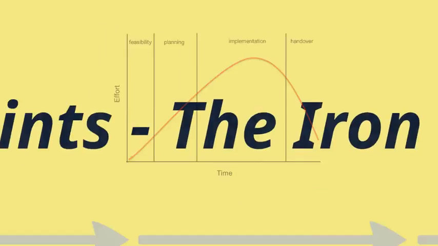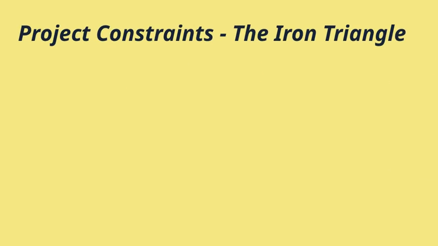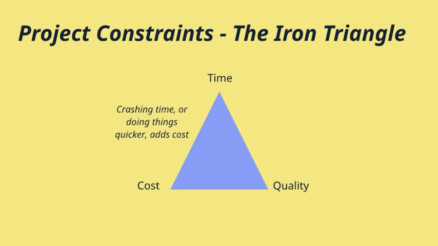Moving on to our iron triangle. This is a set of 3 constraints: time, cost, and quality. It's important to look at how those 3 things relate to each other. When you think about the relationship between time and cost, if you think about doing things quicker or using more people, that adds cost.